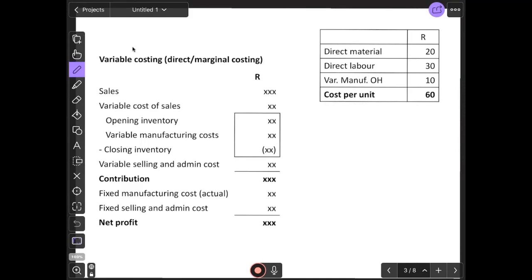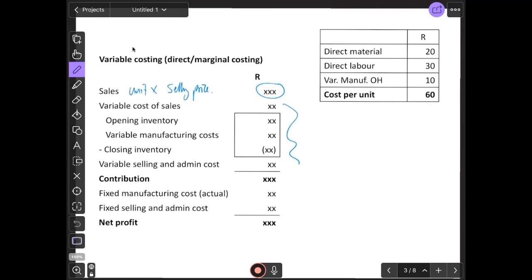So variable costing, you can see it's the same format. We start with sales. It's the same sales, units, price. Then we have a series of costs to get to contribution. So remember, it's not gross profit. We have contribution. And again, the word is important. You'll get marks for contribution. What is contribution?